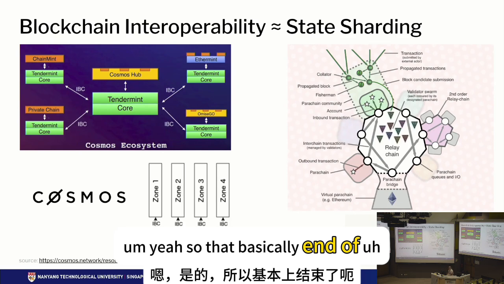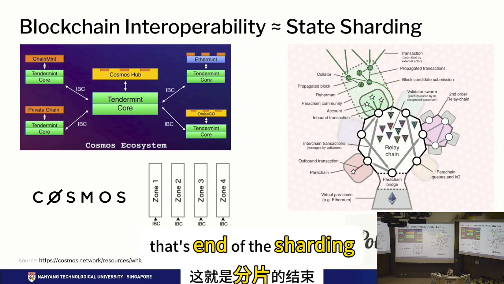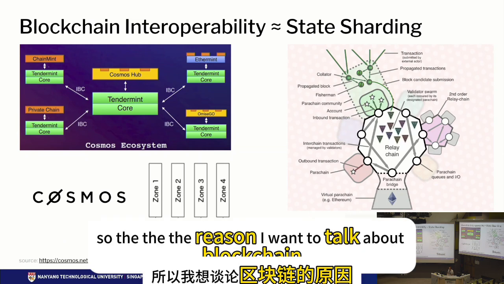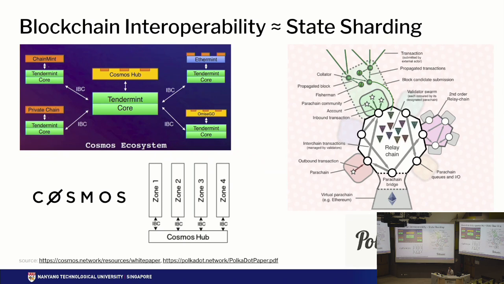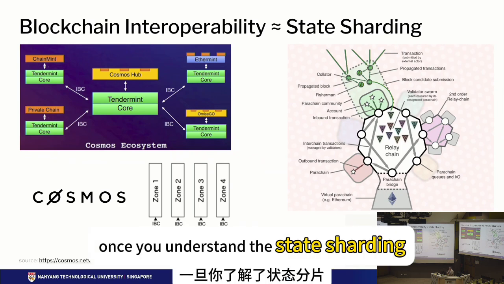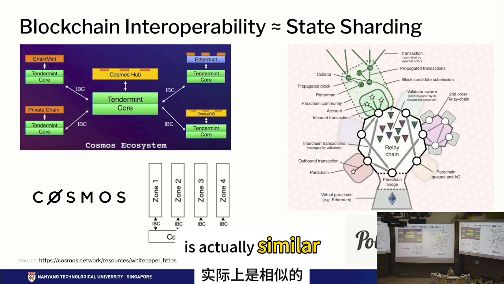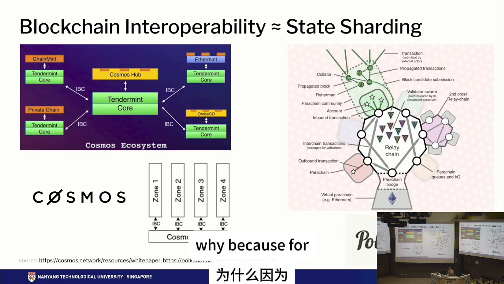Yeah, so that's basically the end of sharding. The reason I want to talk about blockchain interoperability is because once you understand state sharding, the logic for blockchain interoperability is actually similar. Why?